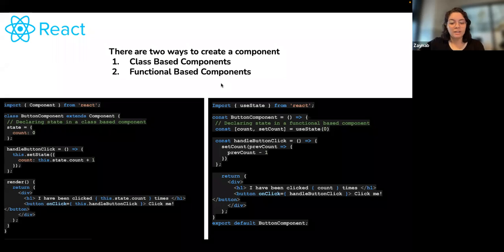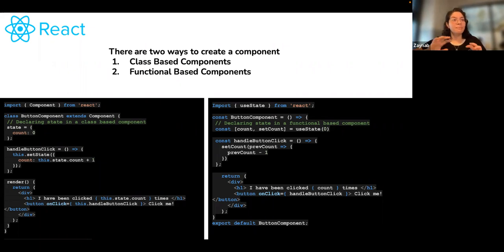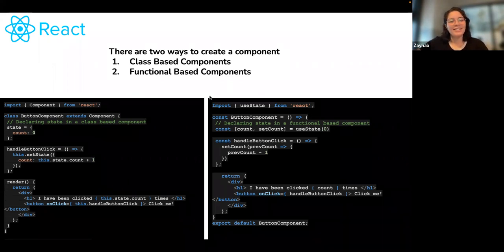So React every now and then decides to change their entire way of doing things. So this is the best way now to write components. I don't know how it's going to change in the next few years, but currently this is the most updated version, and it's to use functional based components.